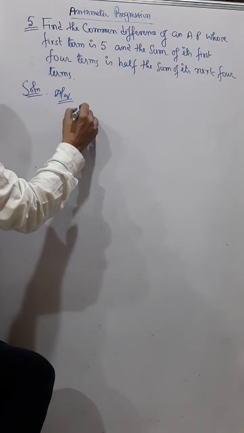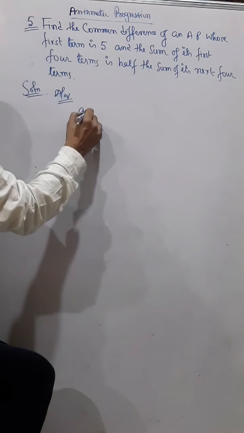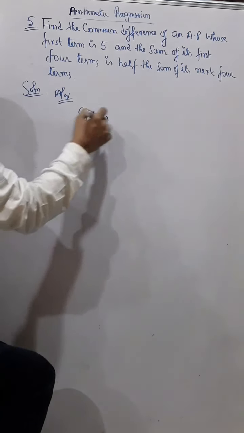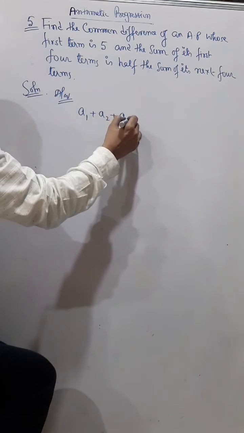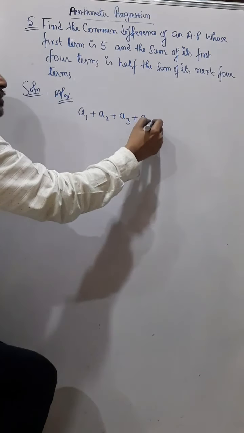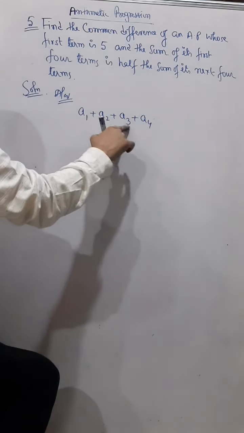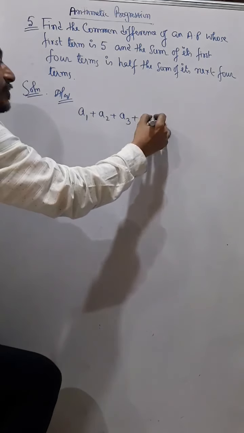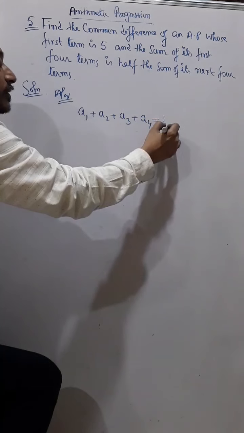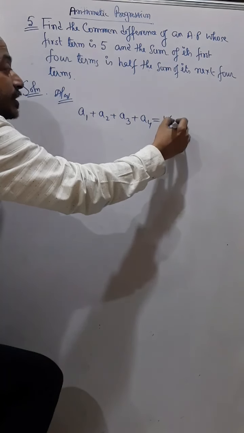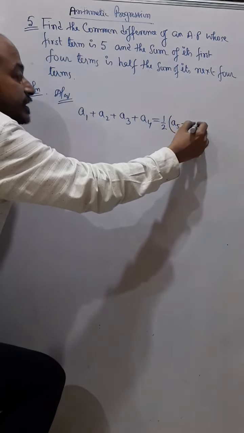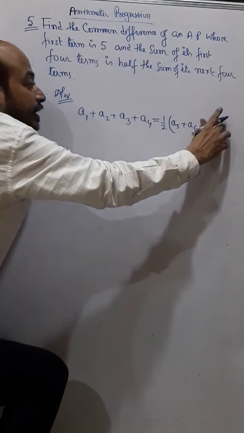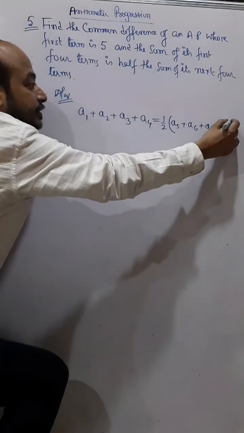The sum of the first 4 terms is equal to half of the sum of its next 4 terms, that is A5 plus A6 plus A7 plus A8.